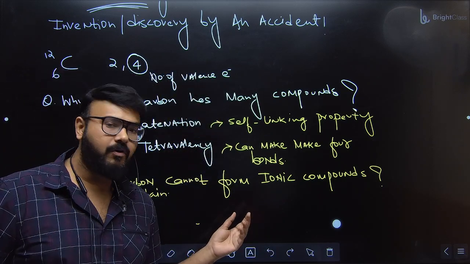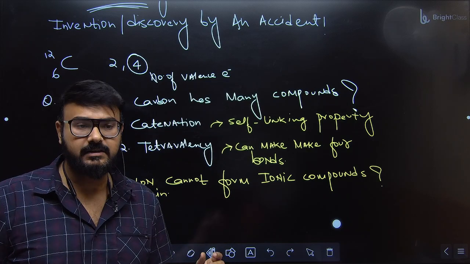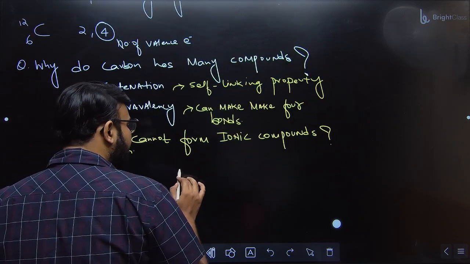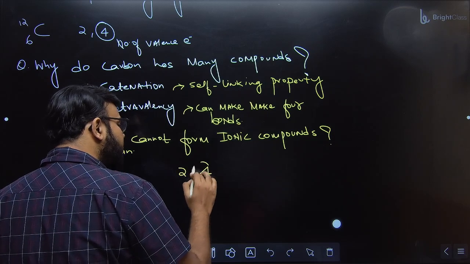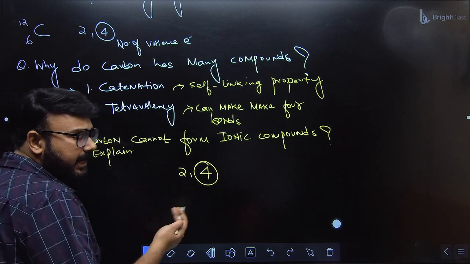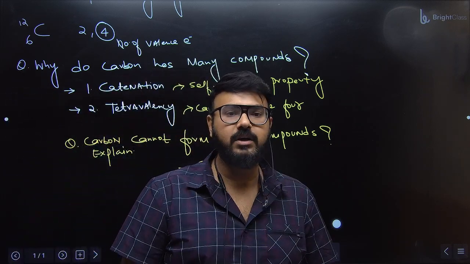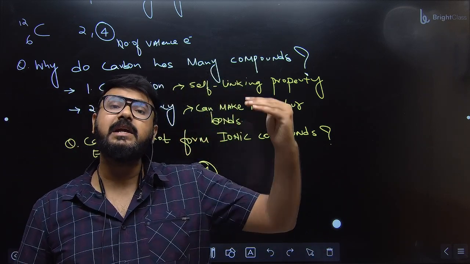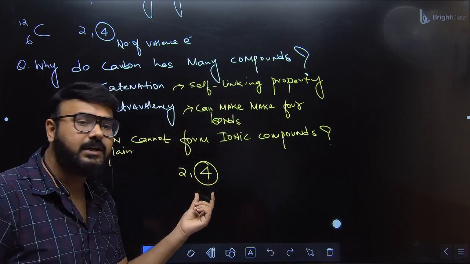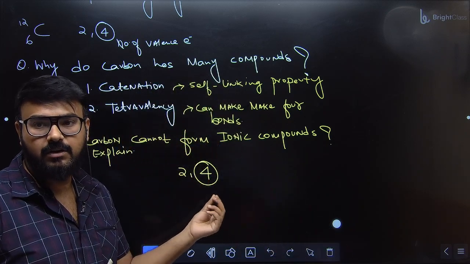What is the reason? Again, the same reason: four bonds, four electrons. Carbon has 2, 4 electrons in the valence shell. In ionic compounds, you know what happens? We have studied about it, right? One completely donates, one completely accepts. But the problem is carbon can neither accept nor donate.